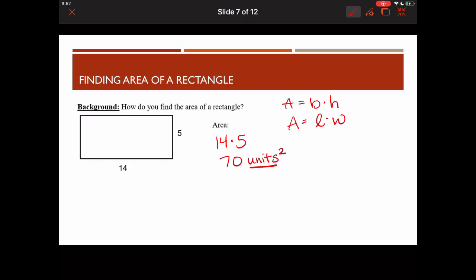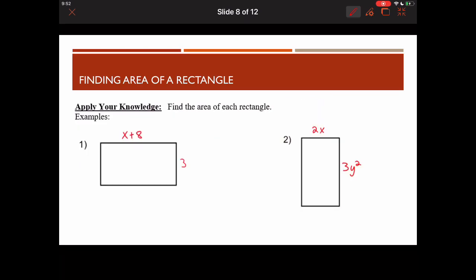All right. So let's take that knowledge and apply it to, well, what if I now have things like this, where I have these rectangles that have these sides that have variables in them, okay? So let's try a couple of these examples. We're going to find the area of each rectangle. So number 1, my length is x plus 8, and my width is 3, or base and height, however you want to think of it. But I still do this the same way.